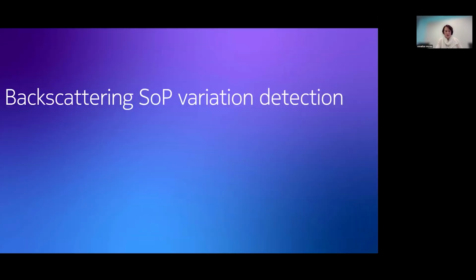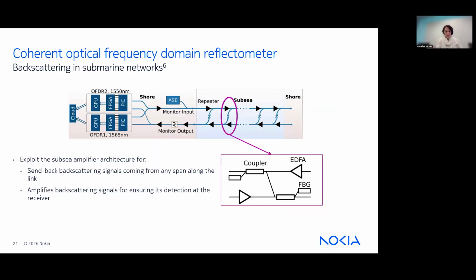What about the backscattering monitoring? So also in this case, these are some experiments and proofs of concept that were already published by our Bell Labs laboratories. And for realizing the backscattering monitoring, we now needed extra hardware.